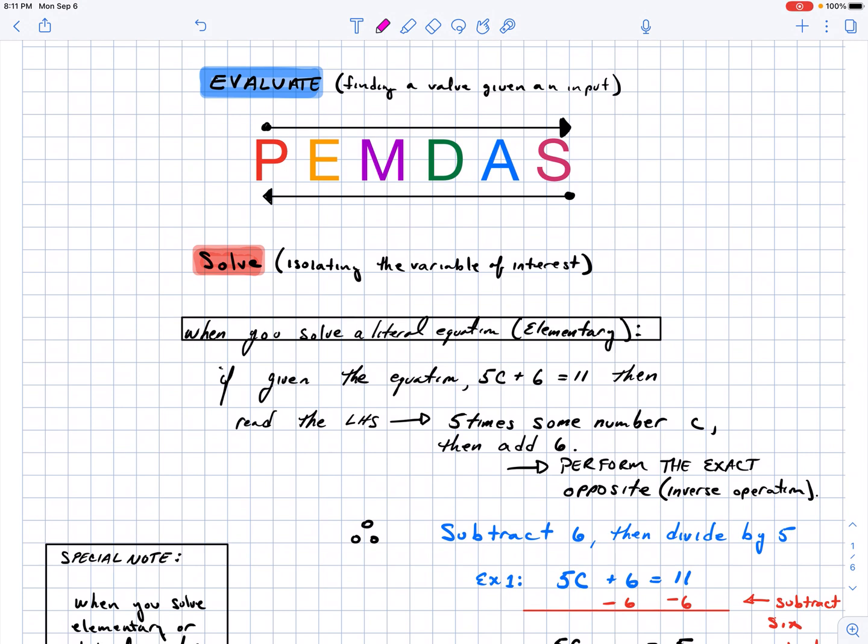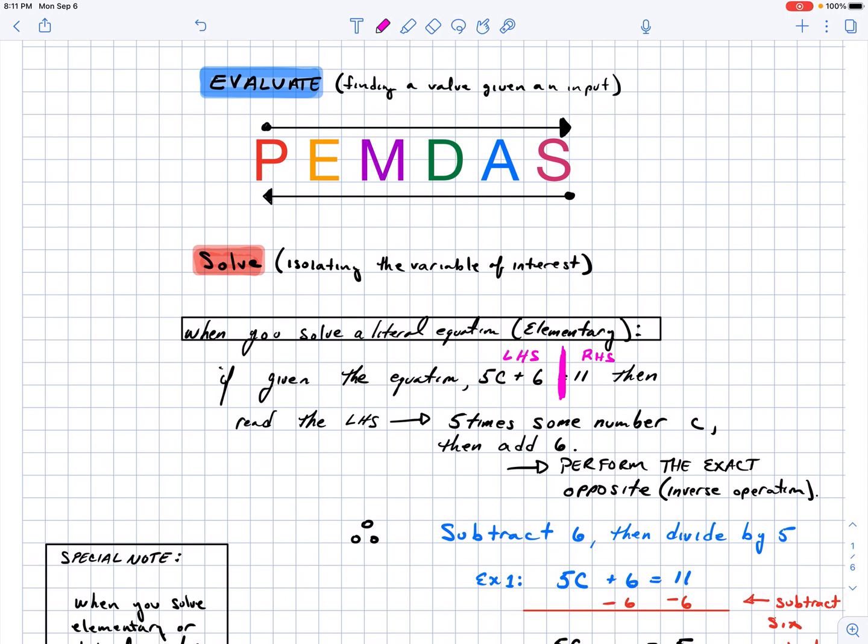So if you're given an equation, 5c plus 6 equals 11, then we want to read just the left-hand side of this. So what do we mean? Here is the left-hand side of this equal sign. Here is the right-hand side of this equal sign. So there's kind of like this little barrier here between the left and the right.